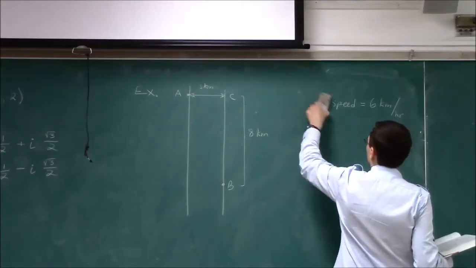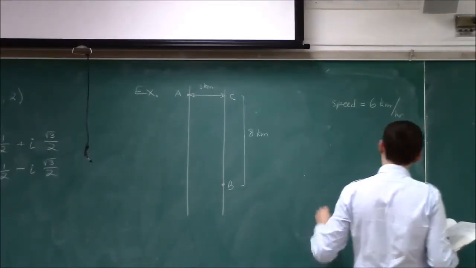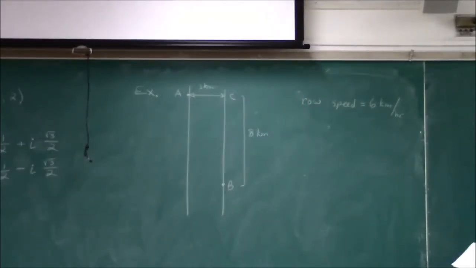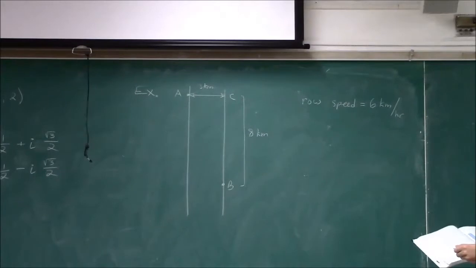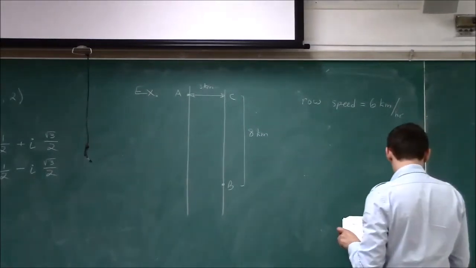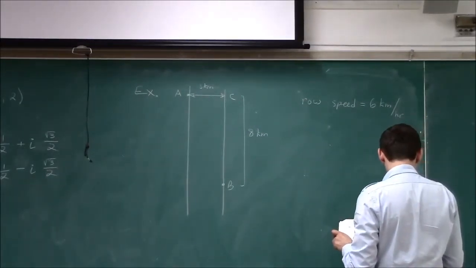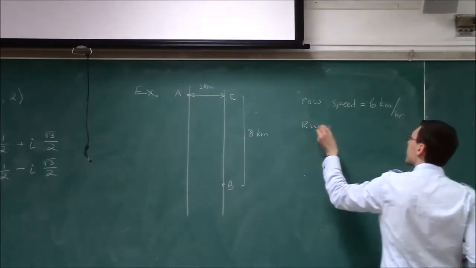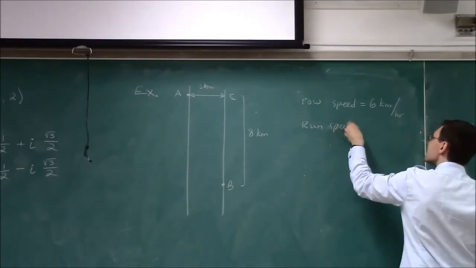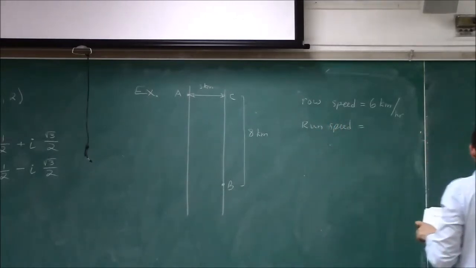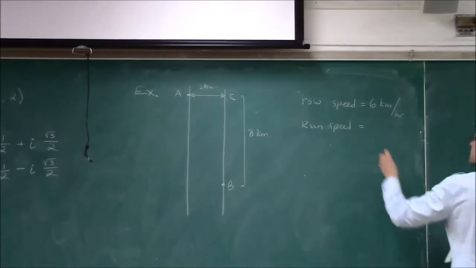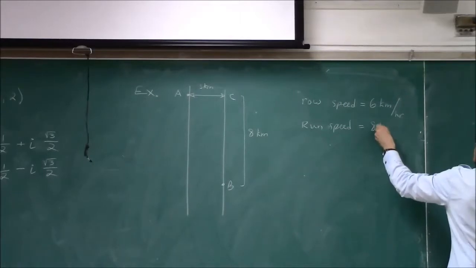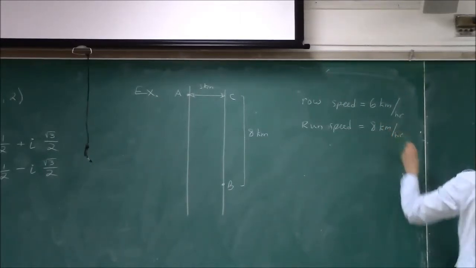Let's say you take a boat. You don't want to be wet, so let's call it row speed. That's how fast you can row the boat. It's 6 kilometers per hour, and your walk speed, or you can run, is equal to 8 kilometers per hour.